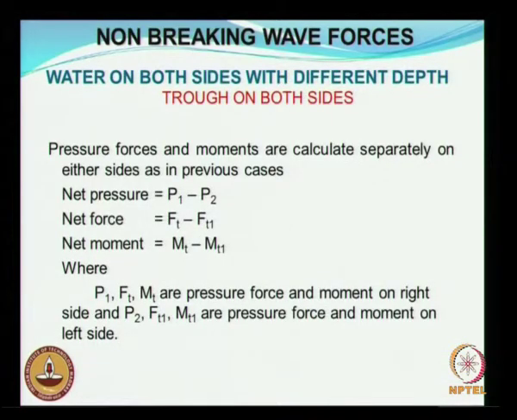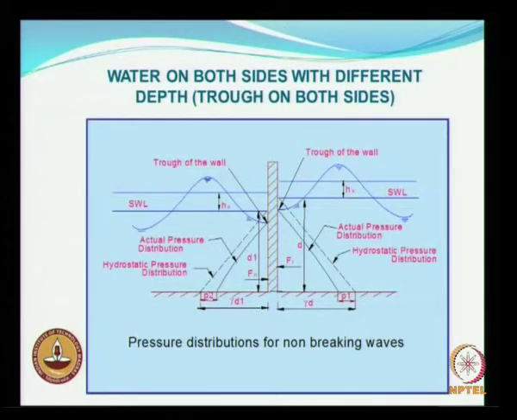So you use the same procedures as we have seen in the case of crest, you would have a condition when a trough is hitting the wall on either side in different water depths. Okay. So these pictures show the kind of pressure distribution you can anticipate when you have the wall with different water depths.